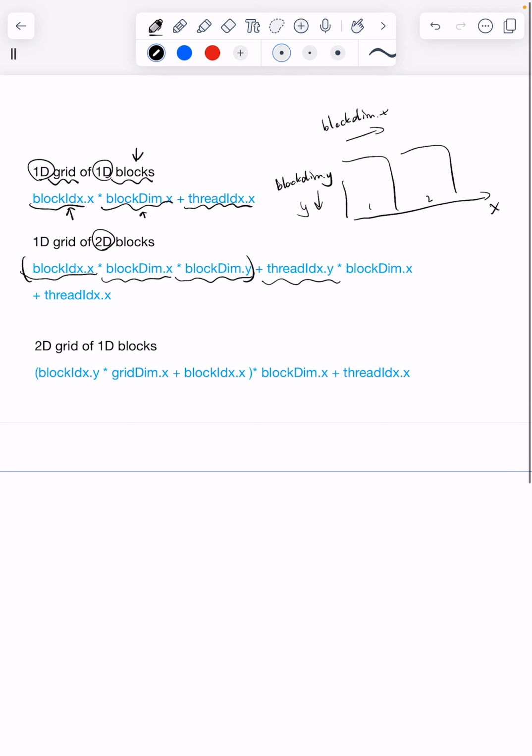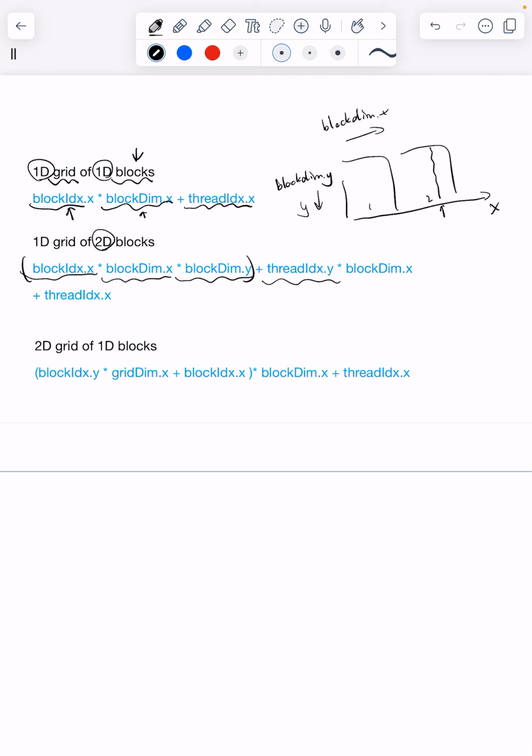So this part is calculating the total number of threads in the blocks in front of, for example, if we are calculating this thread, how many threads are in the blocks in front of block 2. And threadIdx.y times block dim x plus thread index x.